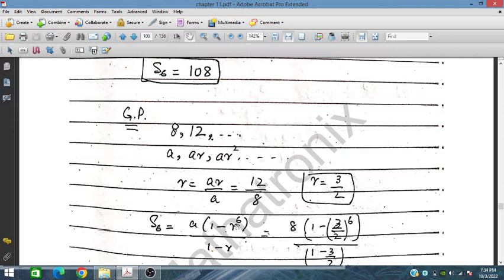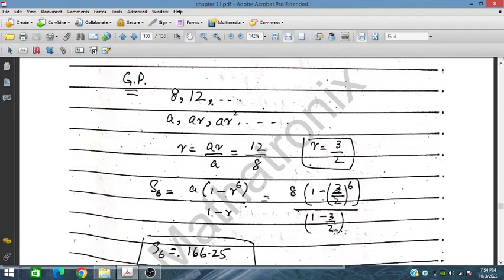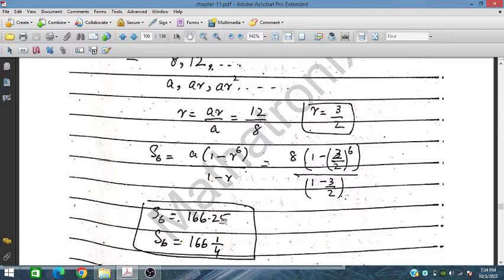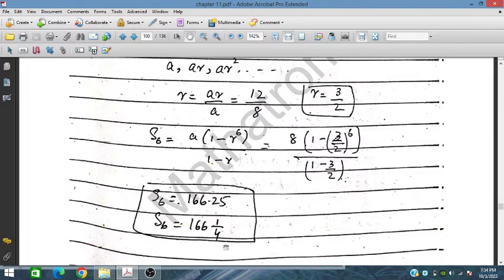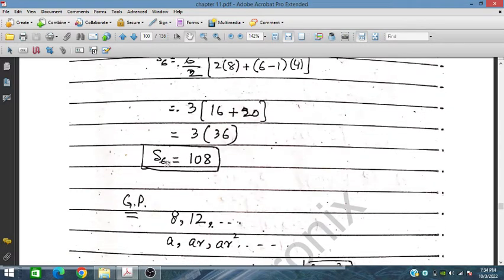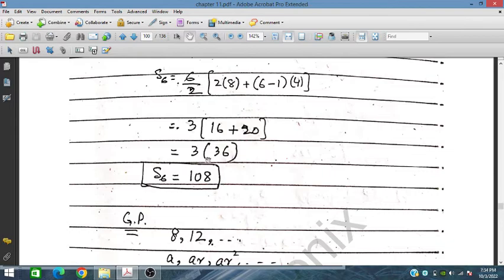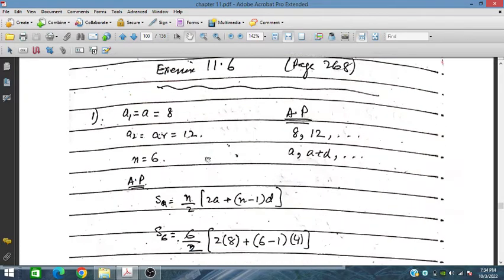Placing r in the formula, we find S6 as 166.25, or 166 1 by 4. So this is the sum of the geometric progression up to 6 terms, and this is the sum of 6 terms for the arithmetic progression. So this was the requirement, and we have obtained it.